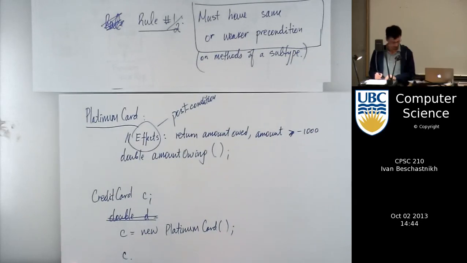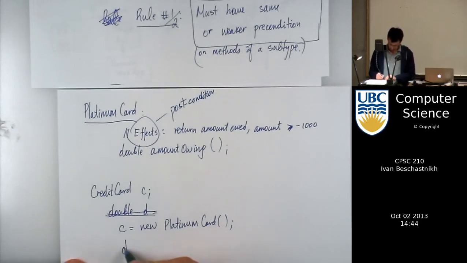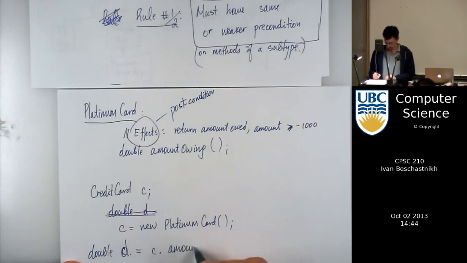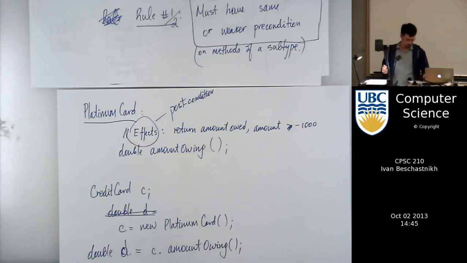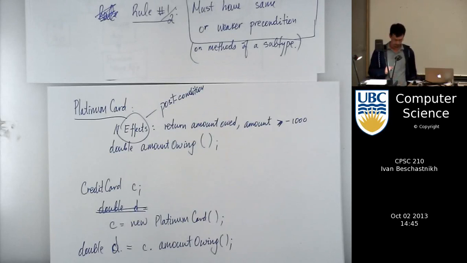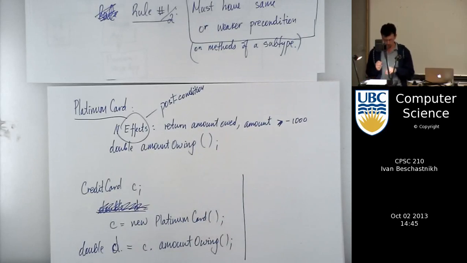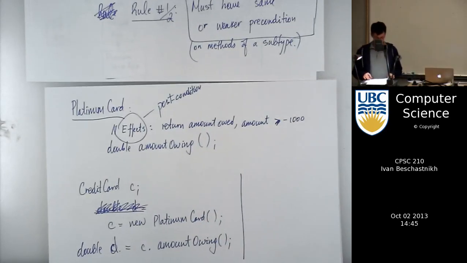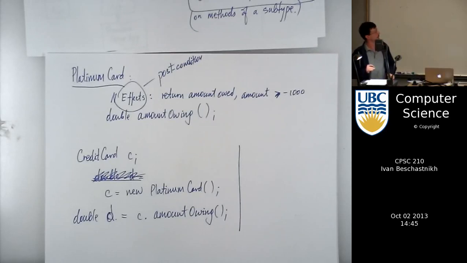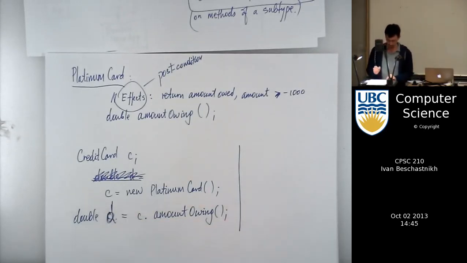And then I'll say double D equals C dot amount owed. So here's my code. What do we expect D to be? At the very bottom I say double D equals C dot amount owing.